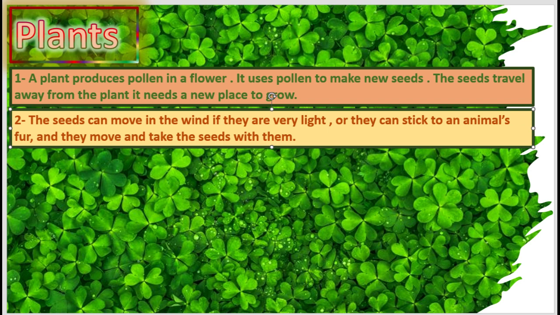Let's read the hint about this kind of seeds. The seeds can move in the wind if they are light, or they can stick to an animal's fur, and they move and take the seeds with them.